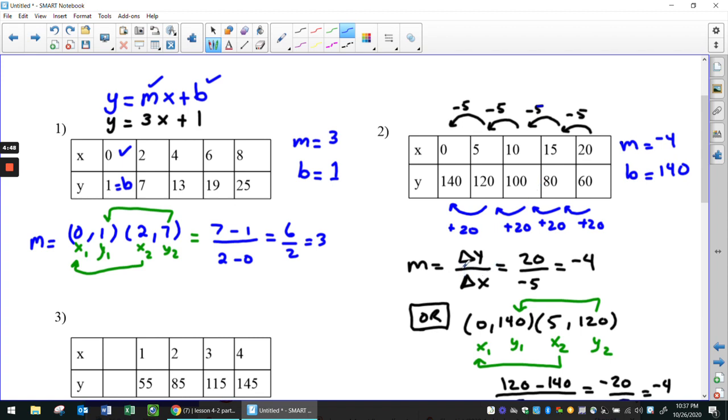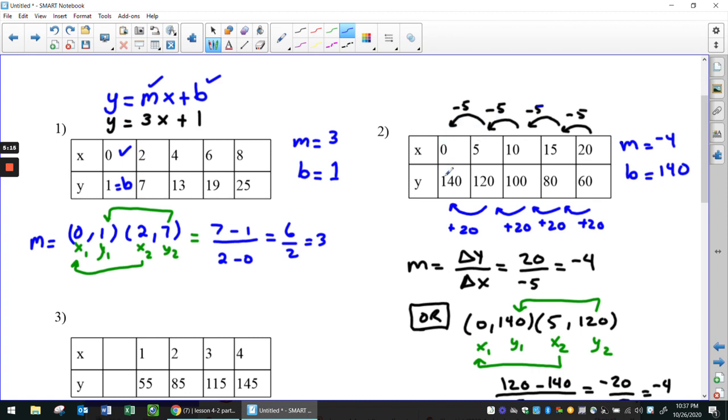So what I did was I looked at the change in y over the change in x, and we could see that every change in y is consistently plus 20. So you're adding 20 each time from 60 to 80 to 100, 120 and 140 and so on. And the change in x is decreasing by 5. So 20 to 15, decrease by 5. 15 to 10, decrease by 5.